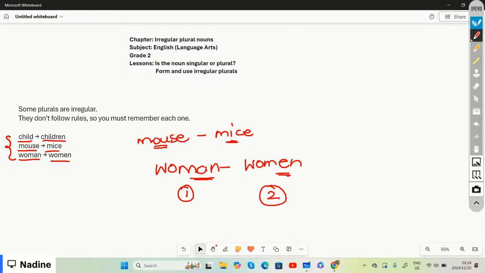You are just going to have to remember each one. So you don't follow any rules. You're just going to have to remember each one of the words. We change the word from one person, animal, place, or thing, which we call singular, to plural, which refers to anything that is two or more of their things, or people, or places.